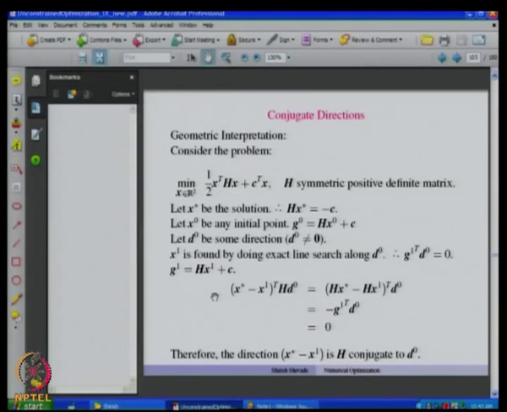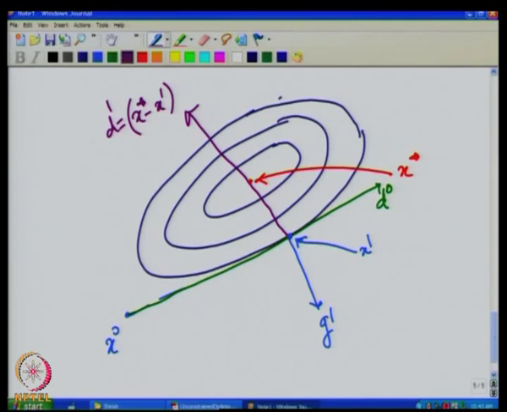So, in other words, this direction x star minus x1 is indeed H conjugate to the direction d0. So this d1 is chosen, which is H orthogonal to d0, and if we now do the exact line search along this direction d1, we move from this point to this point and end up at the minimum, which is x star.